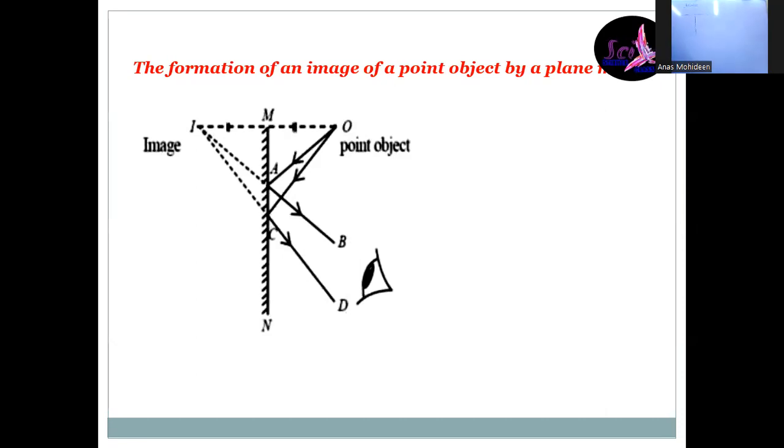I'll take a point here. This is the point object. So we're going to find out where the image will be.